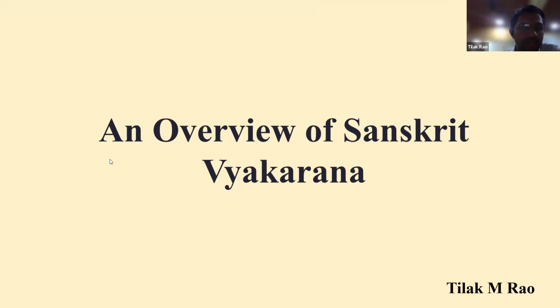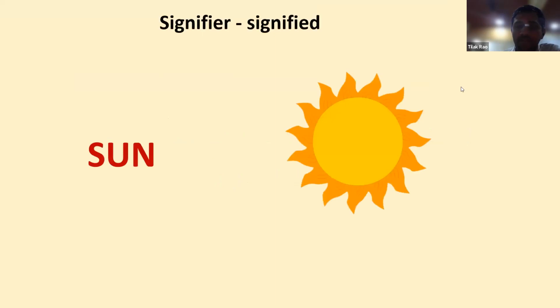So let us take an example. For example, there is an English word, sun. When we use a word like sun, there is some object which is signified by this word. There is a word and it signifies some object.